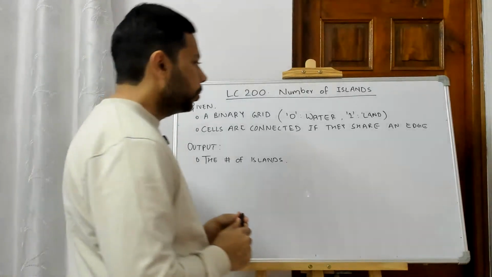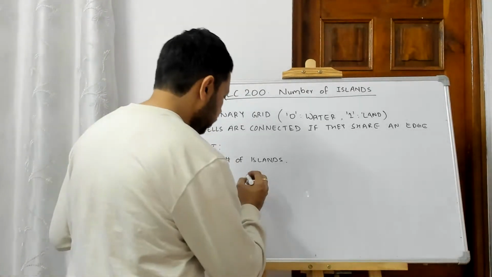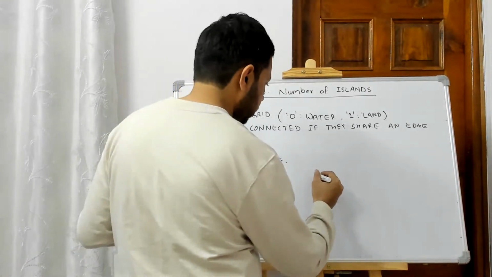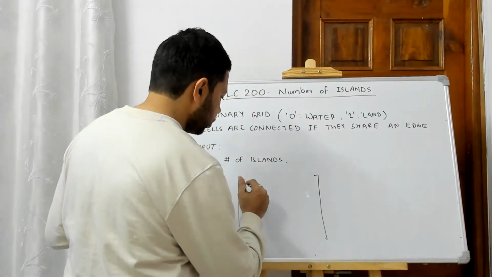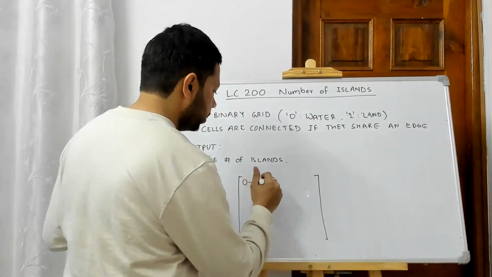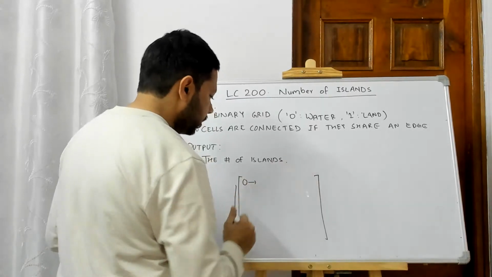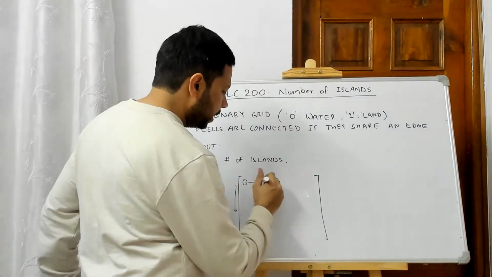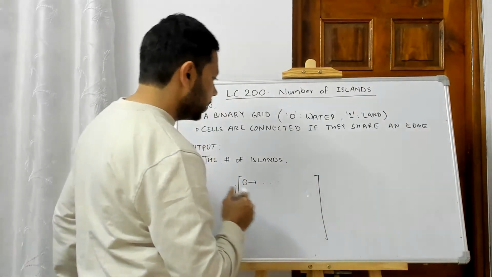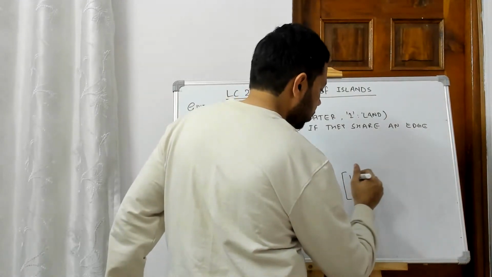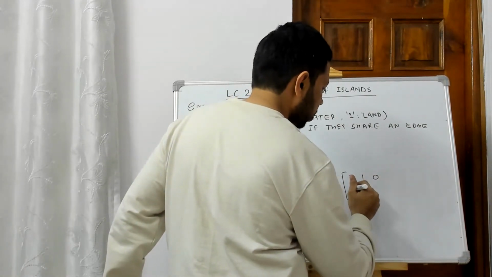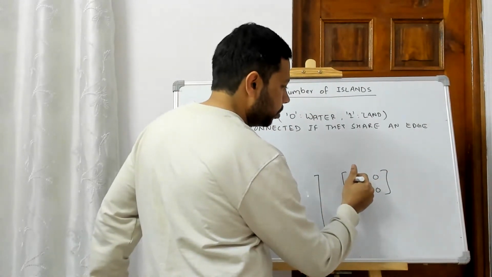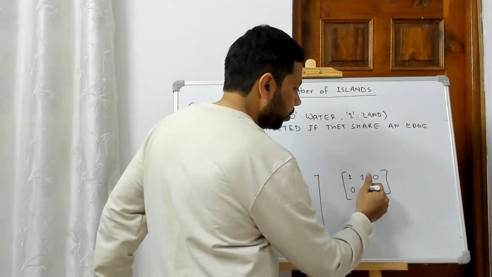One idea that might come to your mind at this point is that you can iterate through the grid in left to right and top to bottom direction, and mark the preceding and succeeding cells. So if you have a grid like this, you can mark that this is island number 1, this is island number 1, and then when you come here you mark this island.